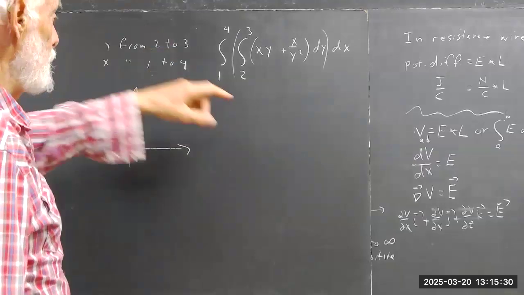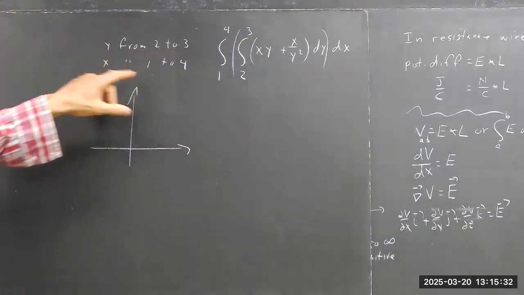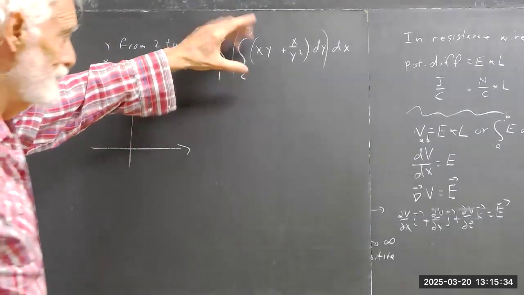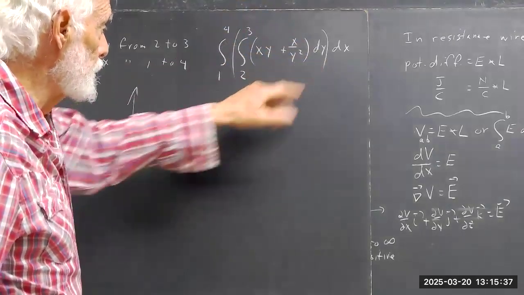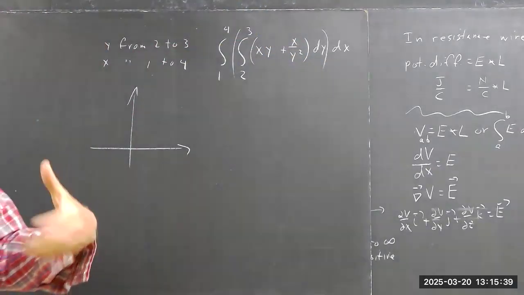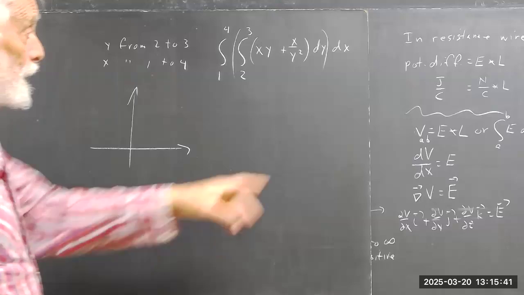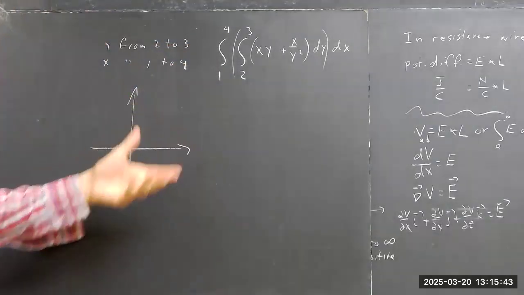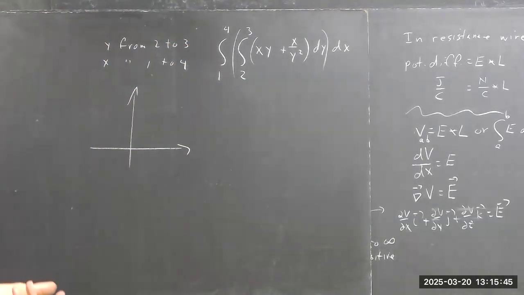But intuitively, y goes from 2 to 3, and x goes from 1 to 4, and that's plausible because your y integral has limits from 2 to 3, and x from 1 to 4. So what region of the plane does that correspond to?